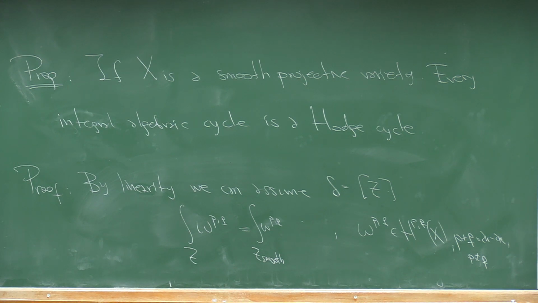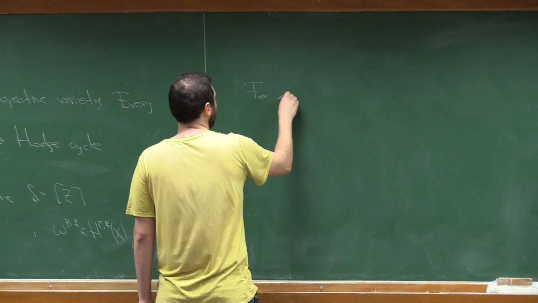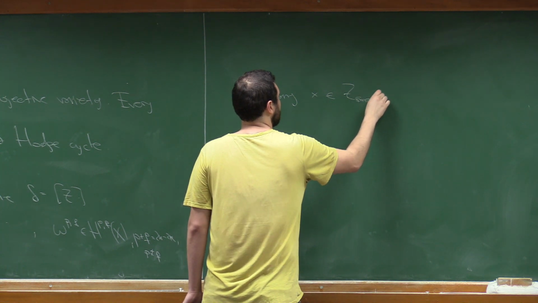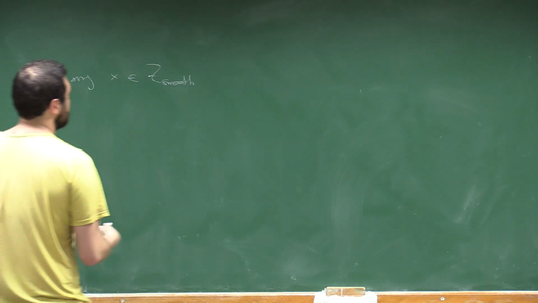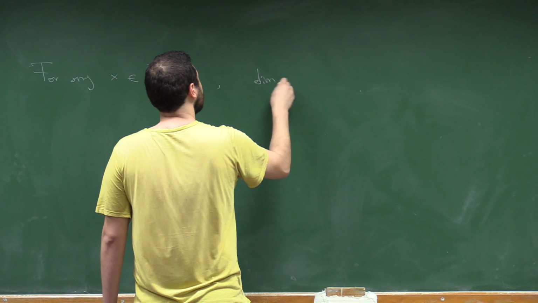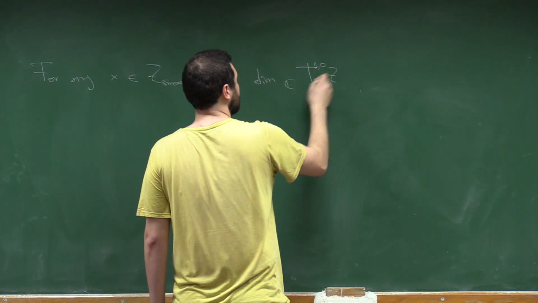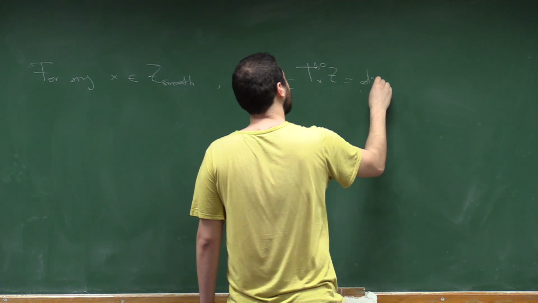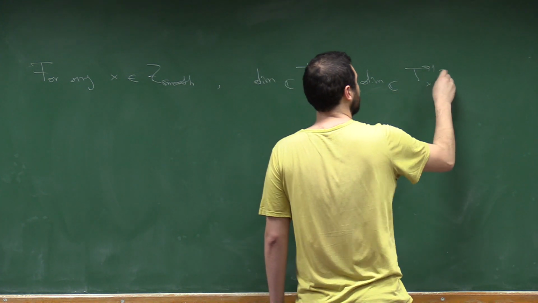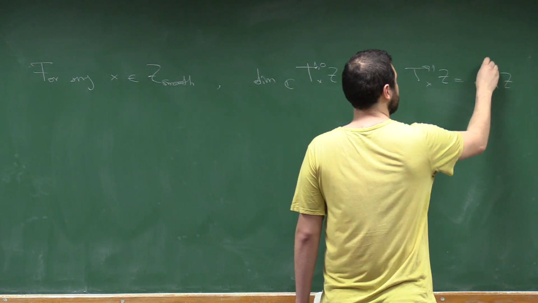For any x in Z smooth, we know that the dimension of the holomorphic tangent space of Z is equal to the dimension of the anti-holomorphic tangent space of Z, and it's equal to the dimension of Z, that is n minus k.